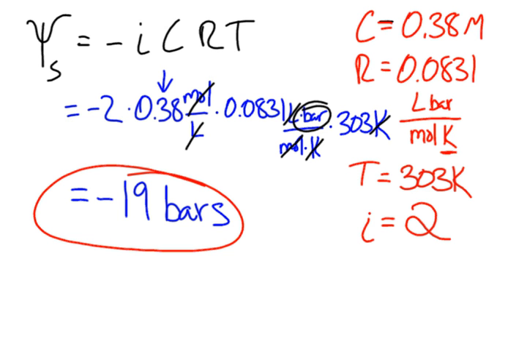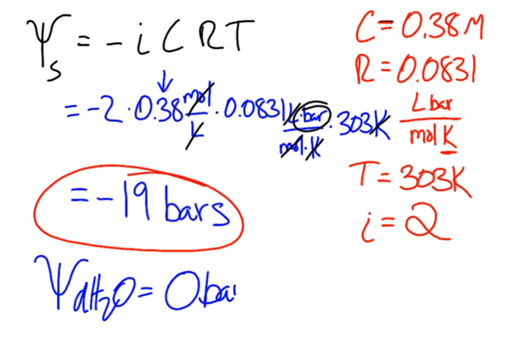for example, the water potential of distilled water is equal to 0 bars, right? Well, understand, let me backtrack real quick. This is 19 bars, that's the solute potential, but in many cases, especially in our lab, there is no pressure.